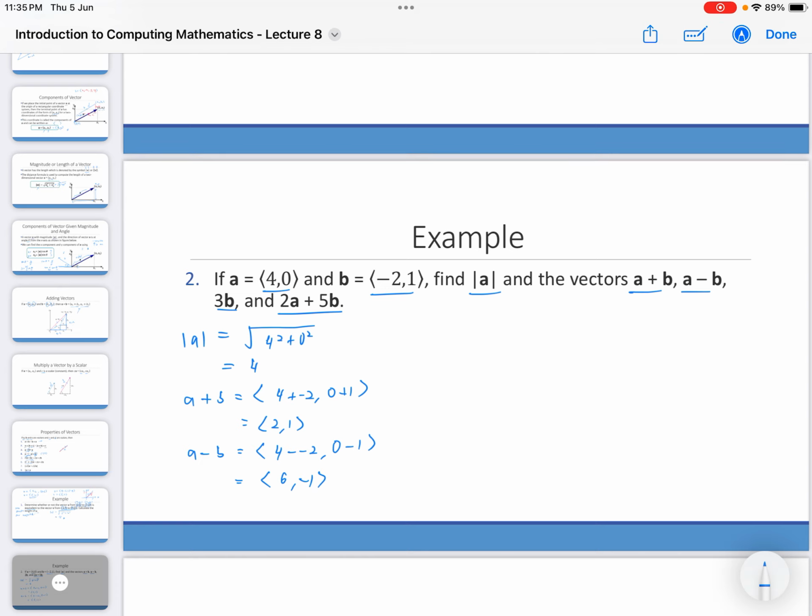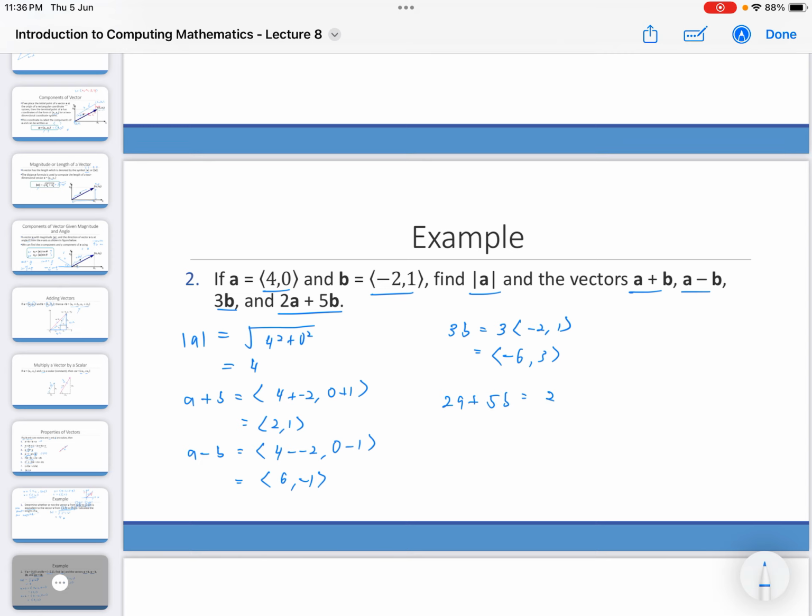And then 3b. So 3 times (-2, 1). This is 3 times negative 2, which is negative 6. So it's just multiplied by the scalar, giving (-6, 3). And then lastly, 2a plus 5b.